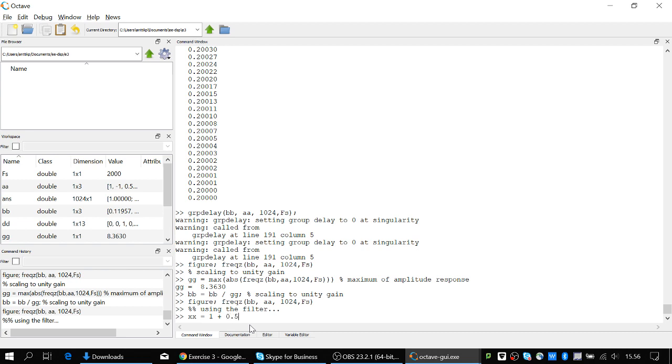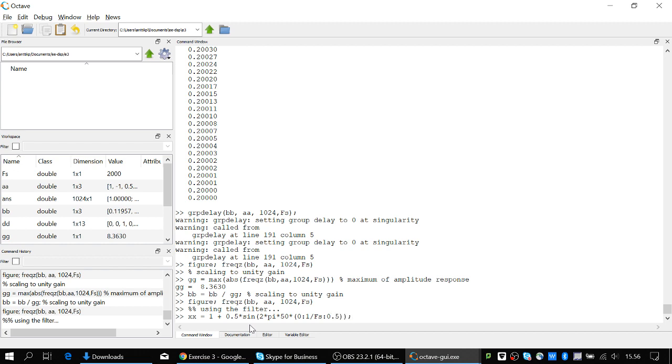Okay, 0.5 times sinusoid of 2 times pi, and something very slowly varying, maybe say just 50 hertz times sampling times, from 0 with 1 over fs to 0.5 seconds.